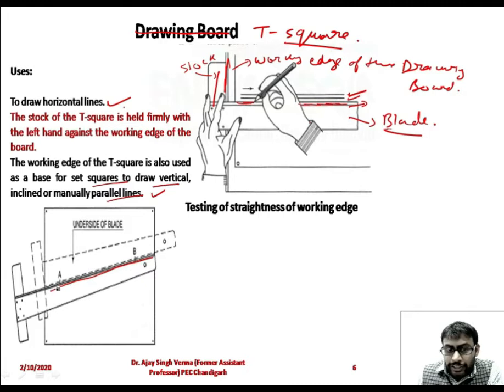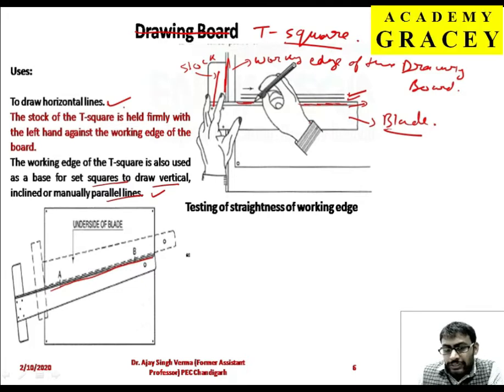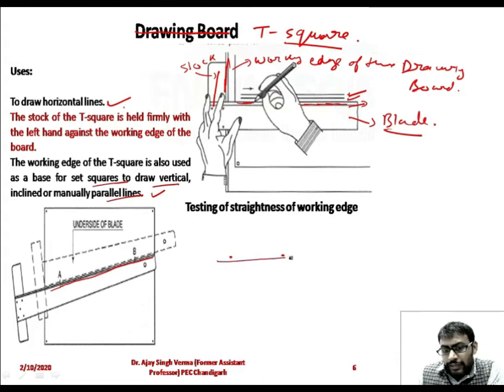How can we identify whether the working edge is straight or not? We mark 2 points with the help of this working edge, and draw a straight line with the help of this blade like this. Afterwards we rotate it in this direction, and the working edge is moved to this side.